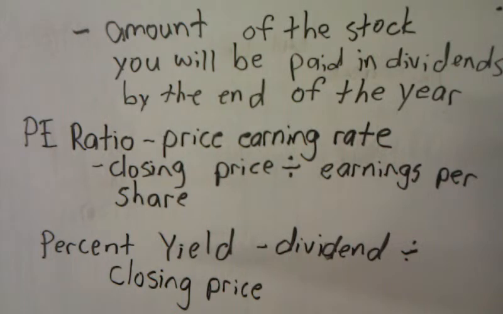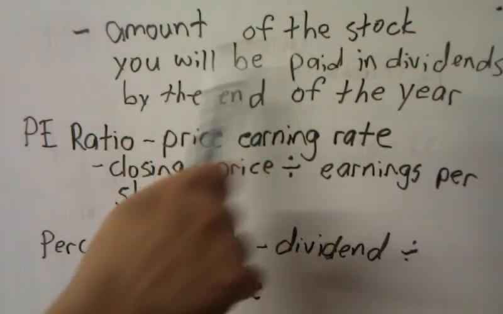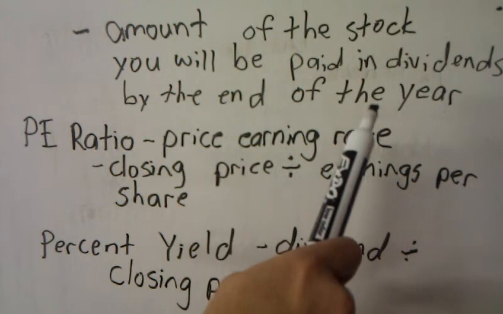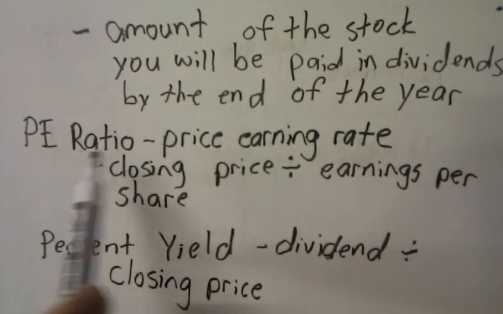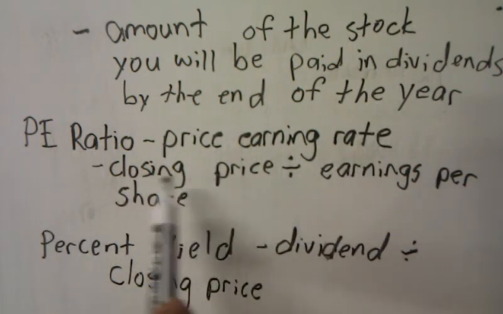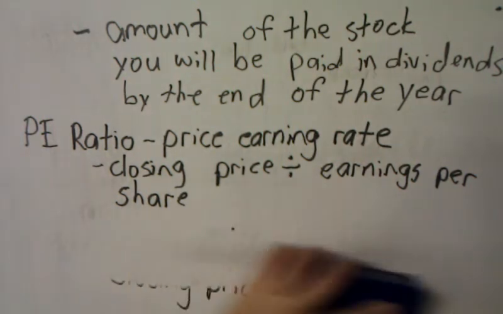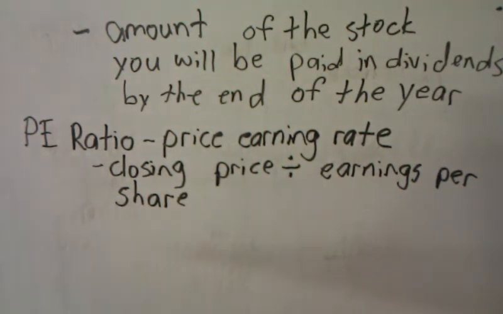And then there's volume. We said the percent yield is the dividend divided by the closing price. It's the amount of stock you will be paid in dividends by the end of the year. We said the PE ratio is the price earning rate. It's the closing price divided by the earnings per share. Okay, and next it says volume.